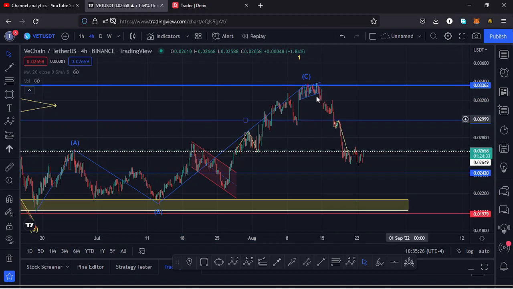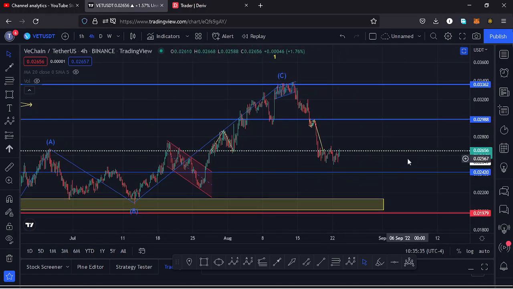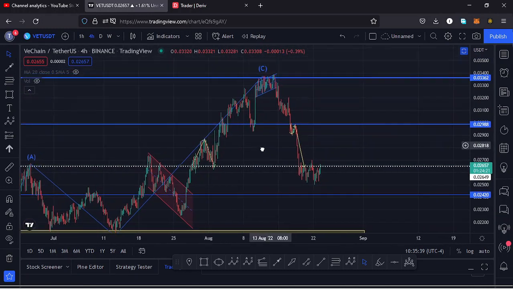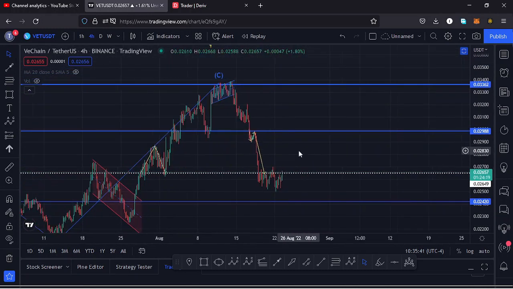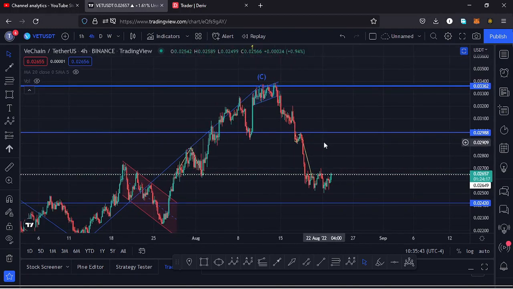As after seeing that high for that ABC correction, we expect a 5-wave structure to the lower side to form here on the charts, which might be giving us lower lows here on the charts. So the key scenarios that I expect to play out here on the charts, I'll be basing them on the Elliot waves, having that as the first wave to the lower side.